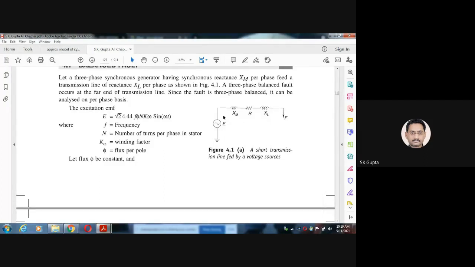The voltage induced here, the excitation EMF produced here, is given by E equal to the RMS value of the voltage, E = 4.44 f phi N K omega.